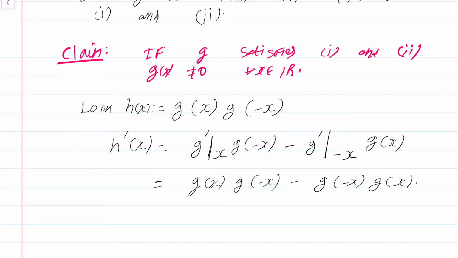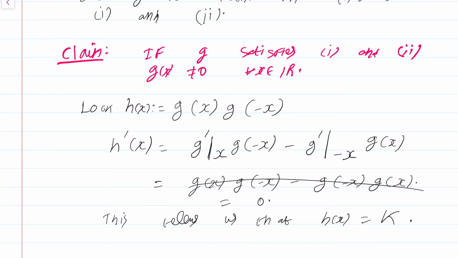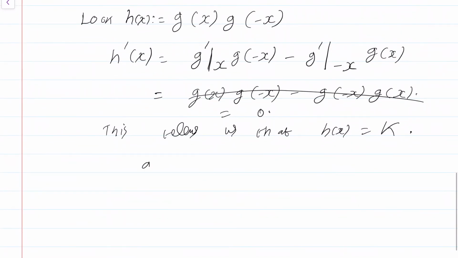Now everything just cancels and you get 0. So what does this tell us? Well, this tells us that h of x is some constant, let's say k, which means g of x into g of minus x is just this constant k.